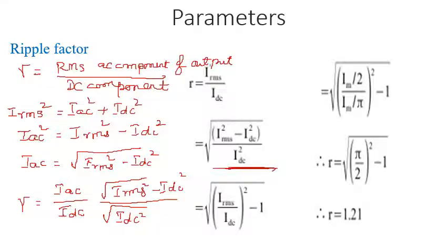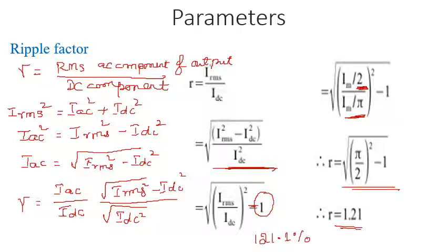In this, IRMS square over IDC square, whole square root, minus IDC square over IDC square becomes minus 1. Substituting for IRMS and IDC, IRMS is Im by root 2 and IDC is Im by pi. This becomes pi by 2 whole square minus 1. If you simplify, you will get a value of 1.21.